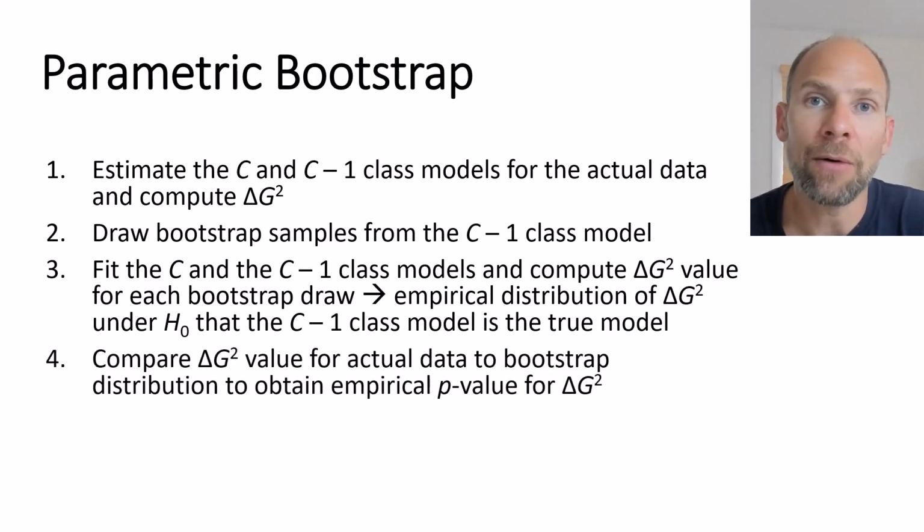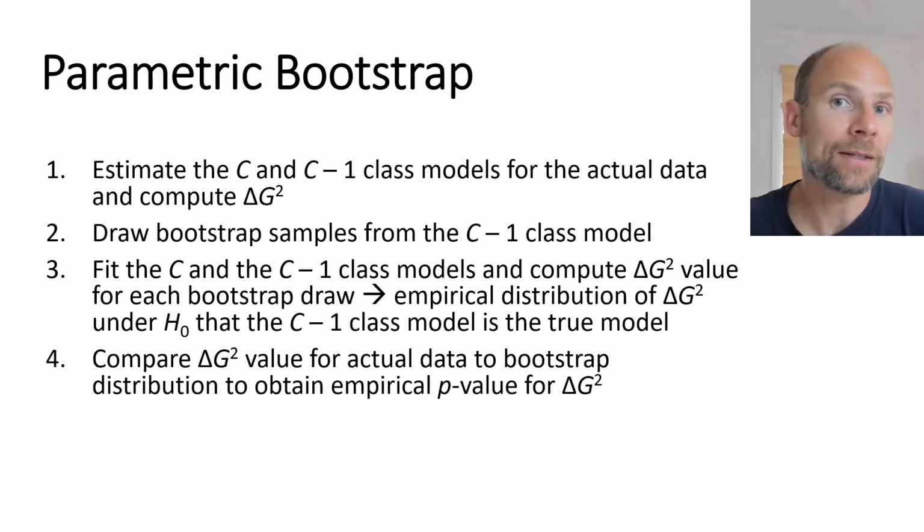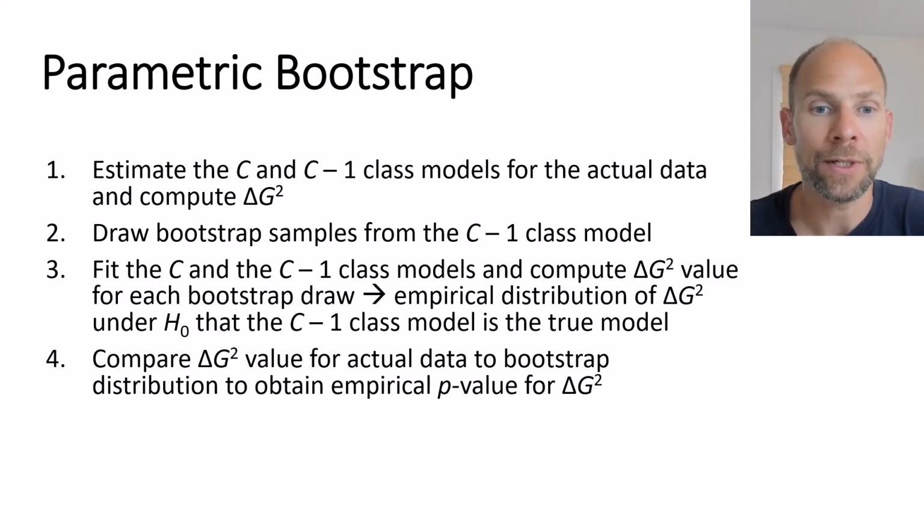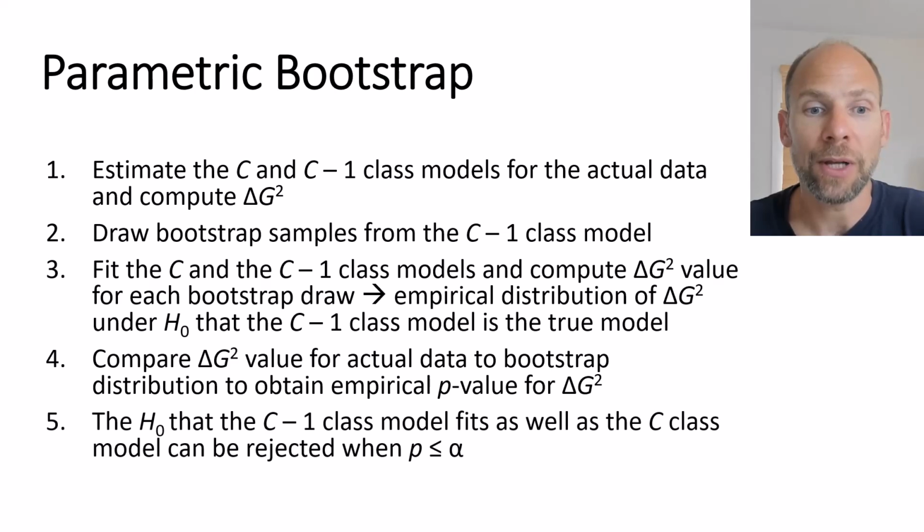We're taking our empirical chi-square difference value for the actual data, and we compare it to the bootstrap distribution, and then we can see where our empirical delta G squared value falls relative to all those that were obtained in the bootstrap. And if our value looks pretty extreme compared to the distribution, then we would reject the null hypothesis.